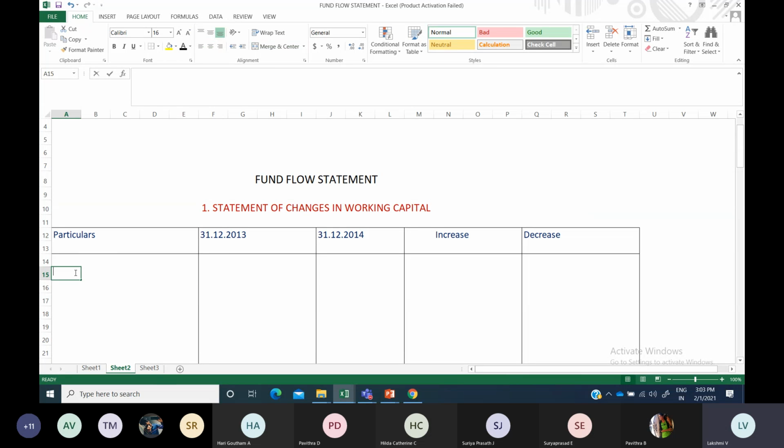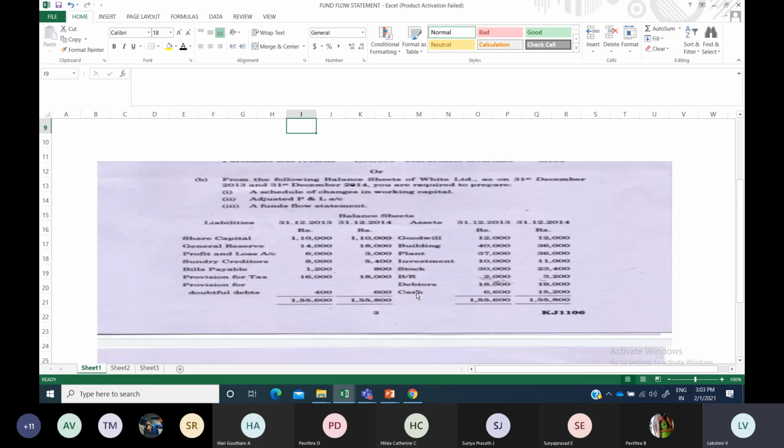The first thing will be your current assets. Use a single side of your note. What are the items given? Pick out cash, debtors, bills receivable, stock. If the investment is a trade investment or a short-term investment, it will come under current assets. If only investment is given, treat it as a long-term investment.